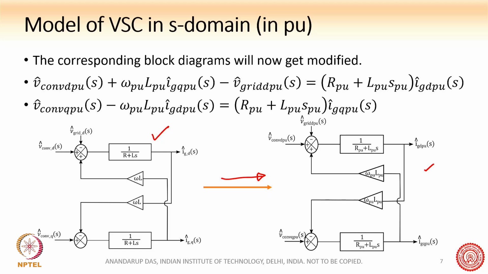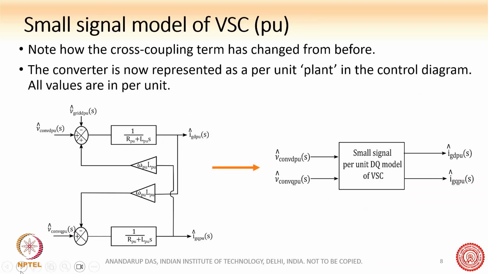All quantities here are in per unit: you can see omega per unit, R per unit, L per unit. In exactly the same fashion, the converter will be represented as a per unit plant in the control diagram, where all values are in per unit. So you can see we have developed a small signal per unit DQ model of the VSC.